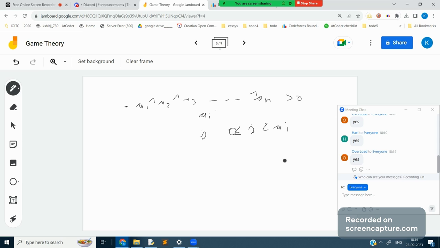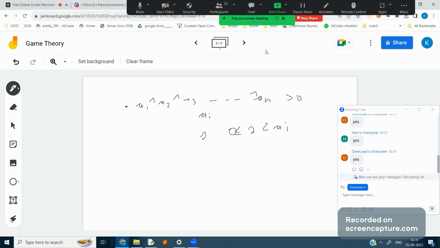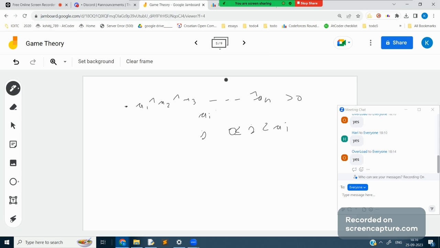If I am going too fast, you can tell me. Okay, so I assume everyone understood. Now we will look at this XOR value of A1 to AN. Let the XOR be some number. We will see the highest bit set in the XOR.